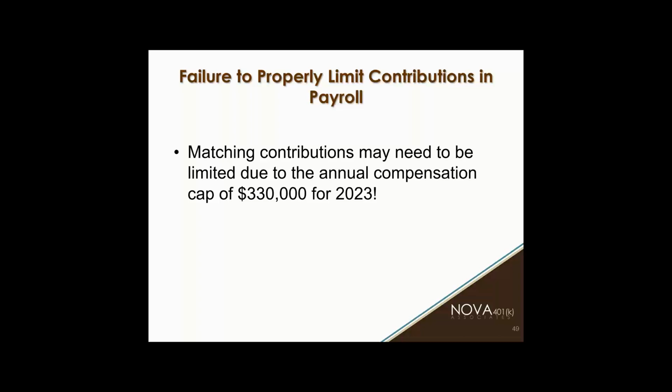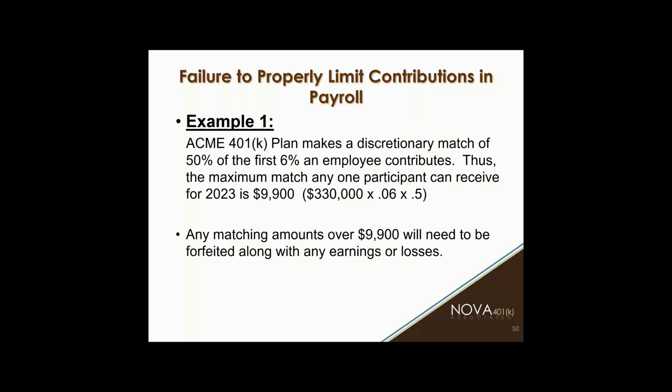You can only count $330,000 in total gross comp for 2023. So somebody can be making $1 million. If your matching formula is 4%, you don't take 4% of $1 million. You take 4% of $330,000. That's the limit. So that creates a dollar limit that you should probably get into your payroll system.